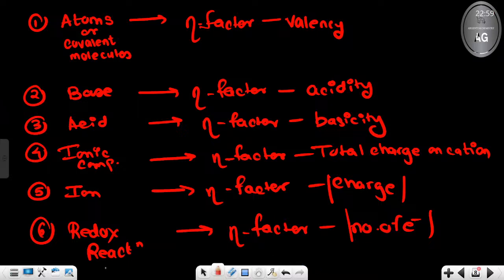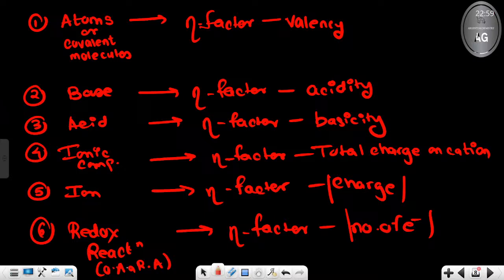So this will basically be an oxidizing agent or reducing agent. I'm writing OA and RA. Clear?